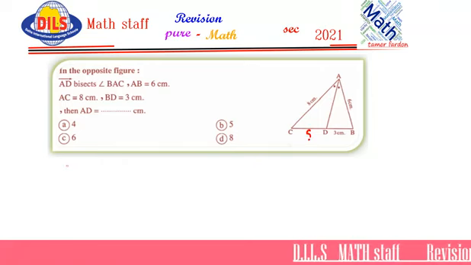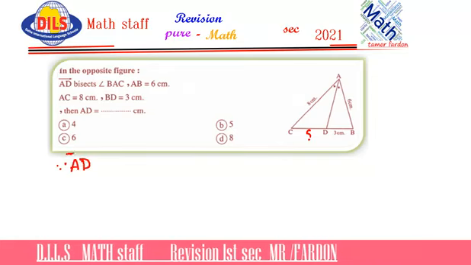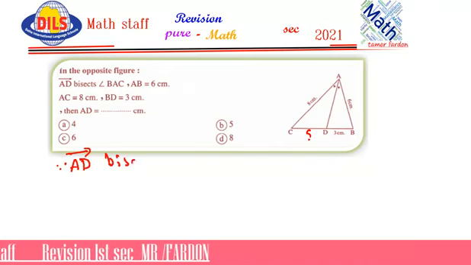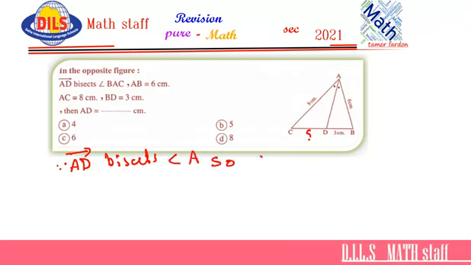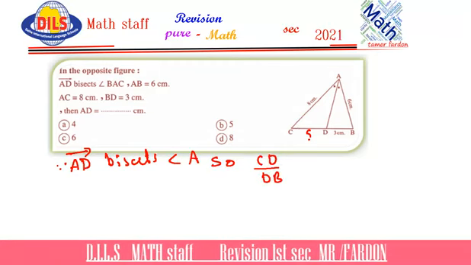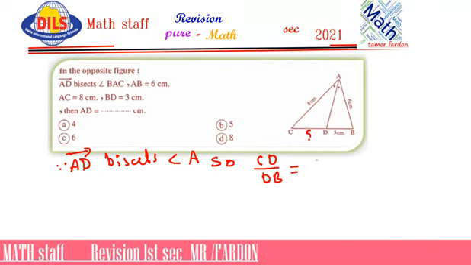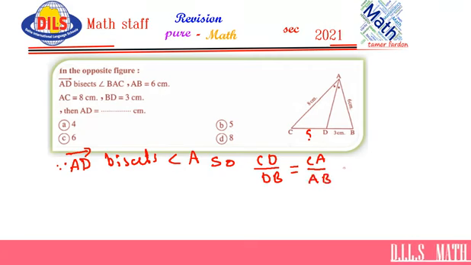From the bisector AD bisects angle A, so CD over DB equals CA over AB.